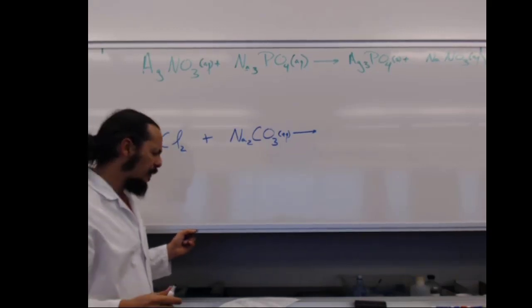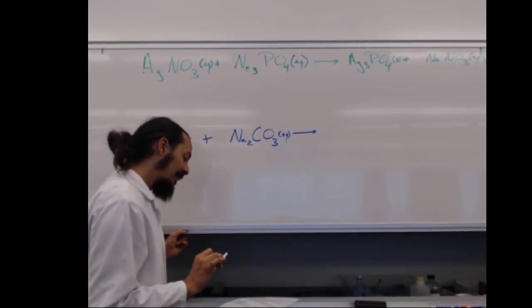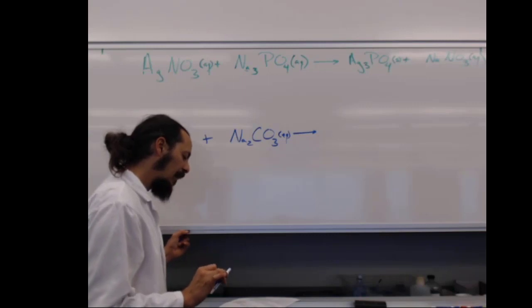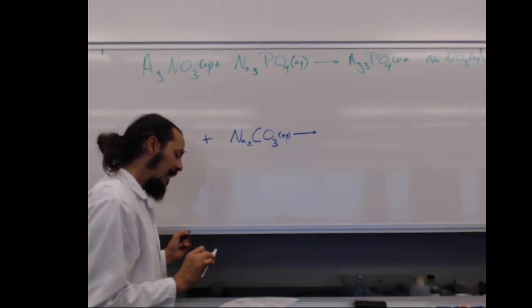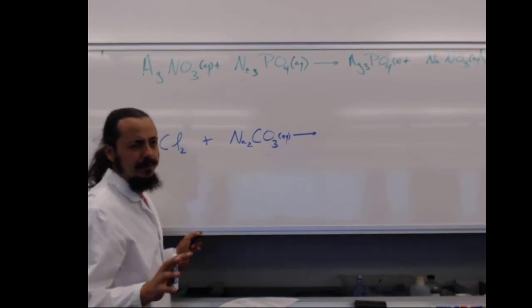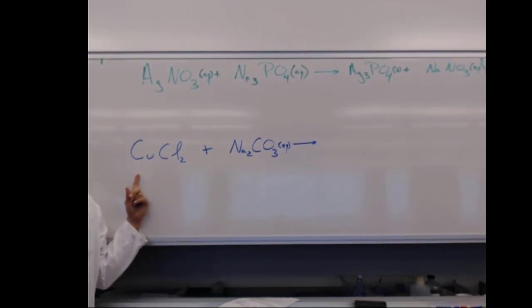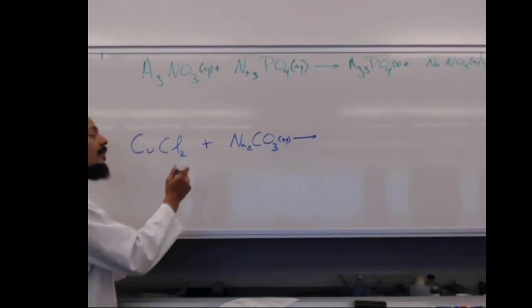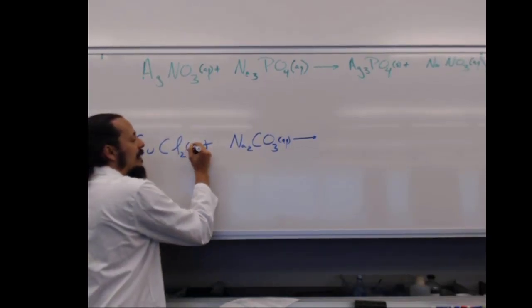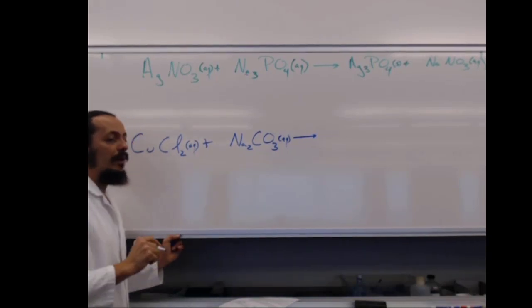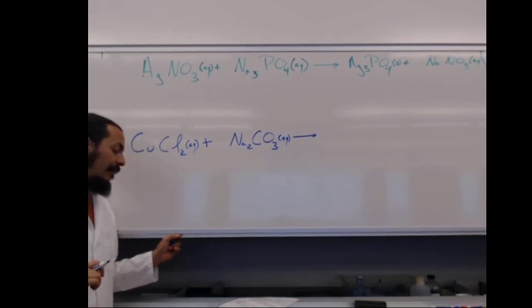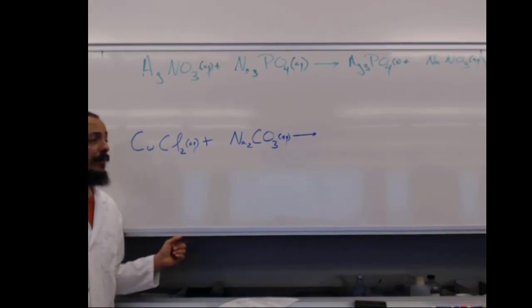They usually dissolve in water, except with silver +, lead 2+, copper +, and mercury 2+, which is really mercury +. So copper + is not the same as copper 2+. Copper 2+ will actually dissolve. It's not one of the 4 exceptions we have. Copper + and copper 2+ are different things.